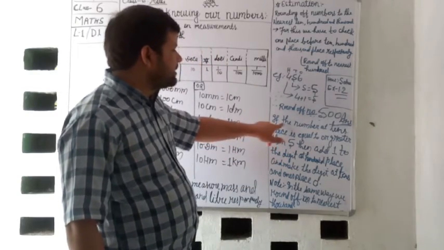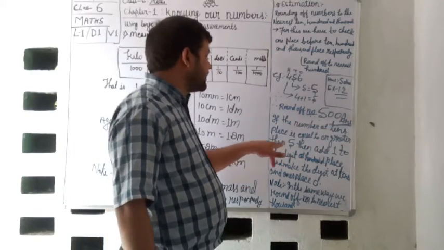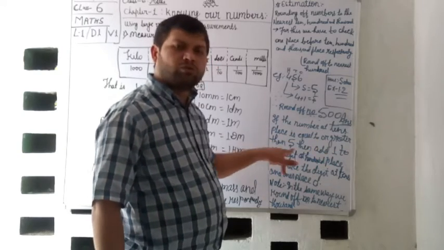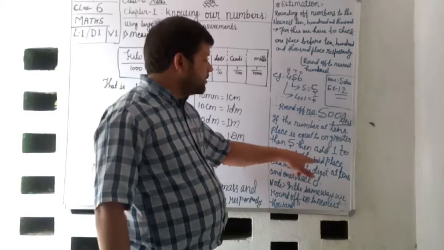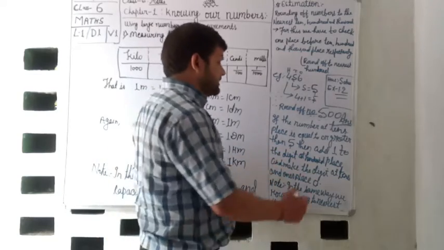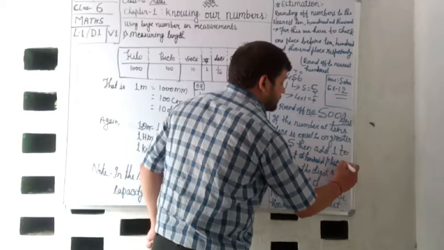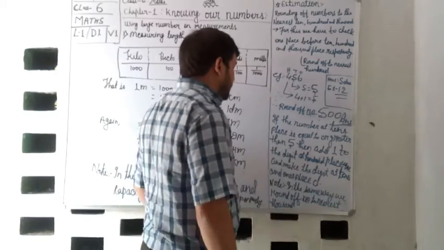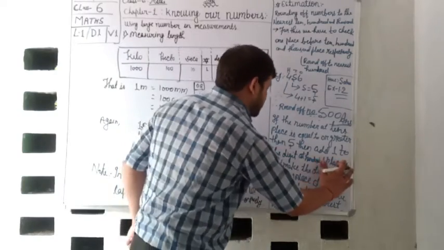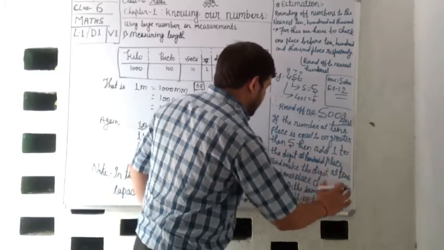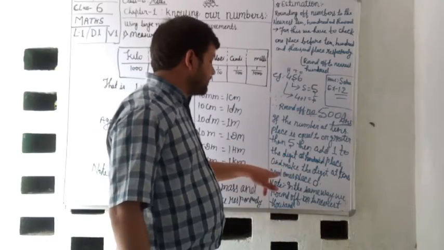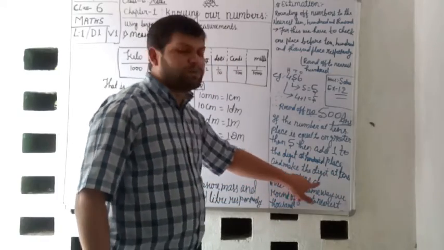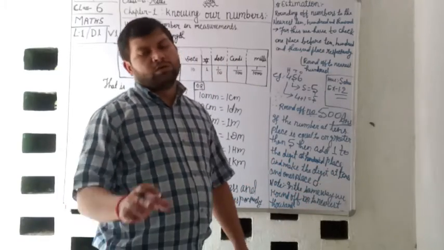So I have written: if the digit at the tens place is equal to or greater than 5, then add 1 to the digit at the hundreds place, and make the digits at the tens place and ones place 0.